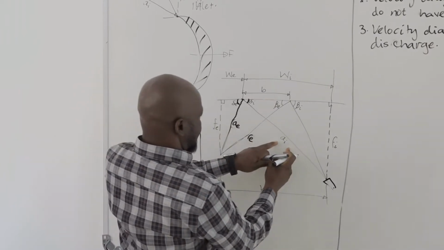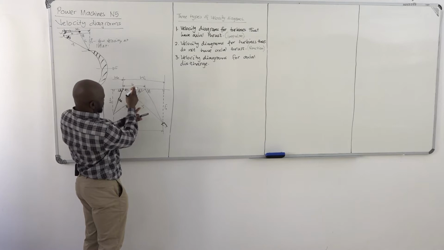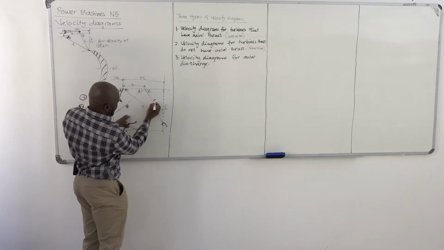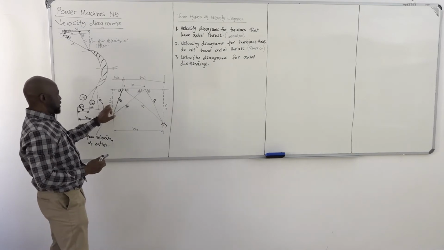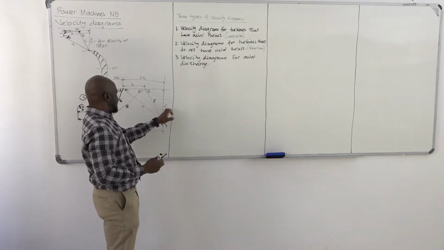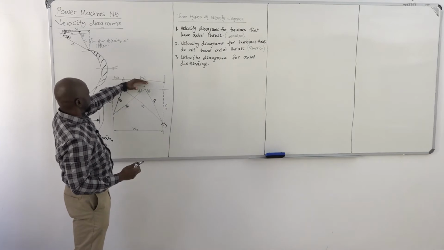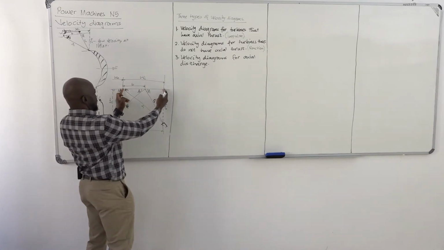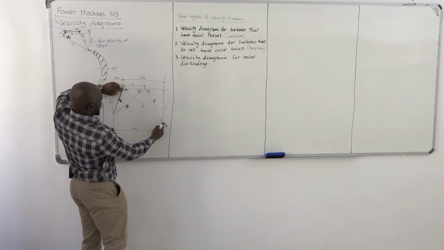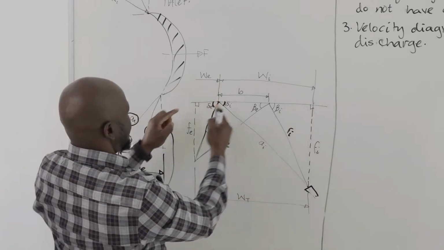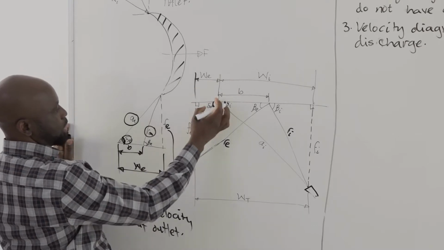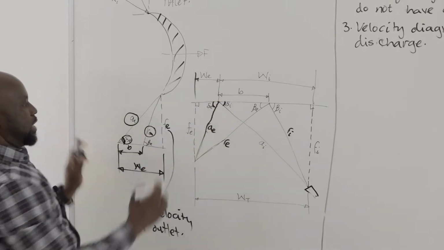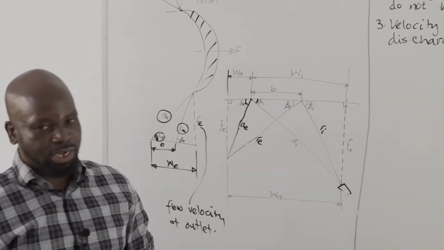Then the speed at inlet relative to the speed of the blade gives us the relative velocity at inlet, which is Ri. Then Wi represents the whirl velocity at inlet, from here to there, and We represents the whirl velocity at outlet, from here to there. That completes our velocity diagram.